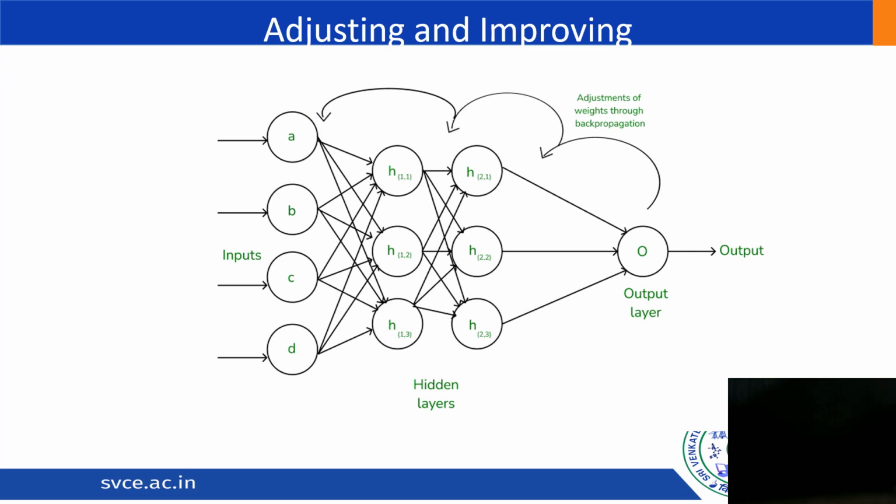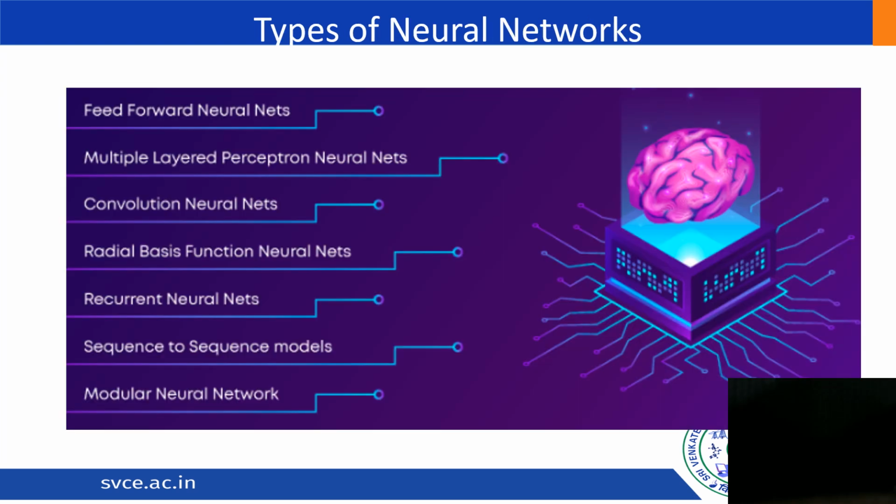This process is called learning or training. Over time, it gets better at recognizing patterns and making accurate predictions. The process repeats for many iterations. We call each iteration an epoch. That is, the forward propagation, loss calculation, backward propagation, and weight updation.